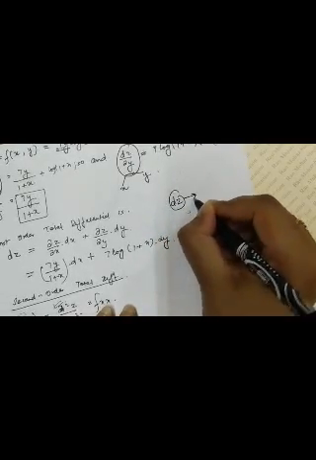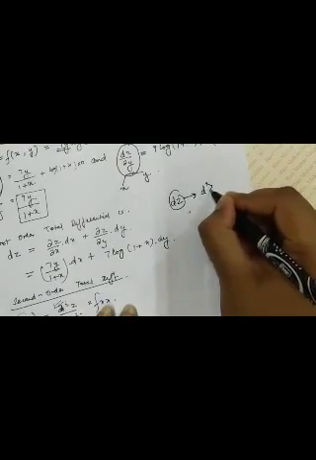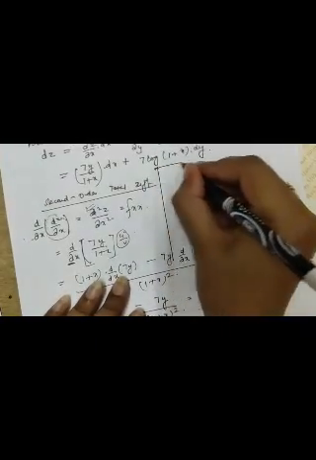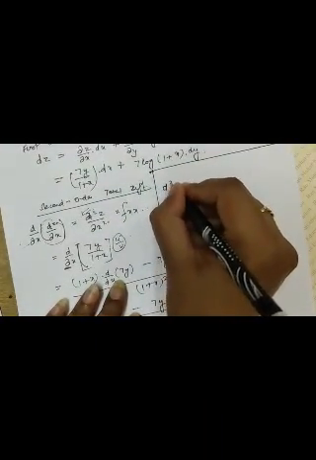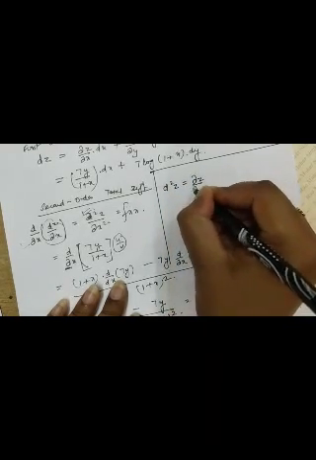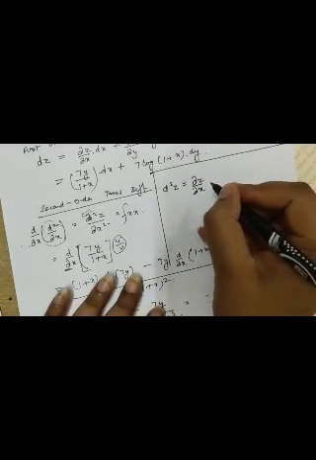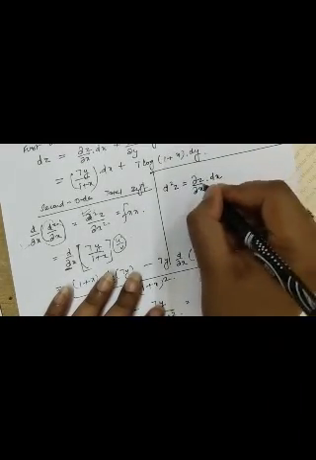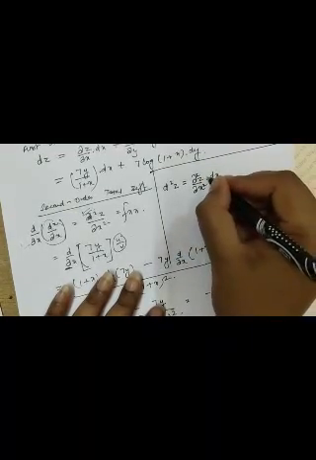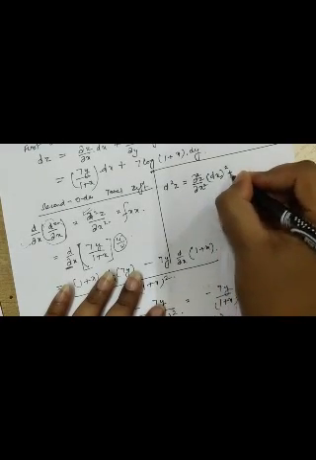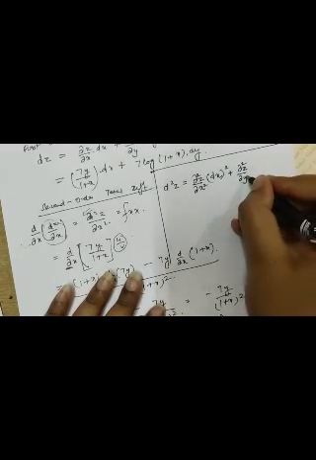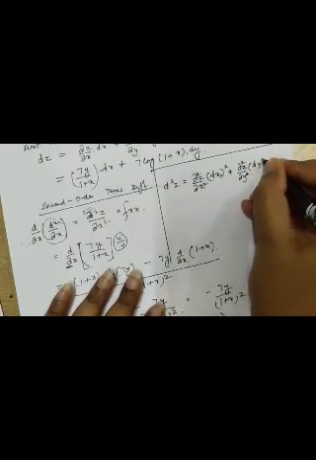So over here, for second order, we have to find d square z. d square z will be equal to, we had over there delta z by delta x and we had dx in the first order, so over here it will be squared, right? Plus we had delta z by delta y, so we need the square over here, dy.